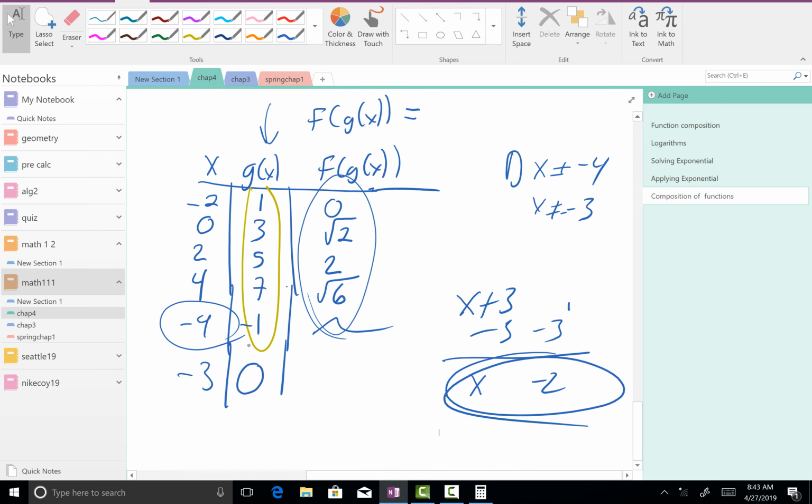Let me see, even I get confused. If it's less than -2, though, it doesn't work, right? Because that's when the -4 and -3 come in, right? So it's got to be greater, because the -4 and -3 don't work there.